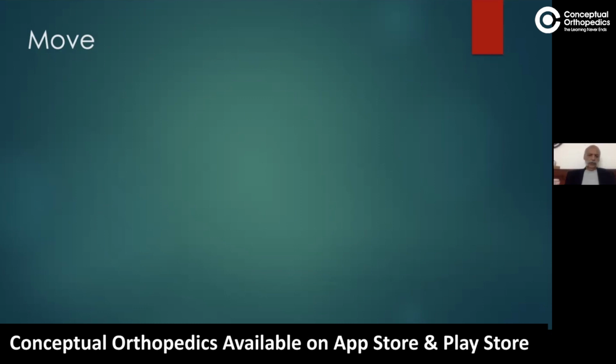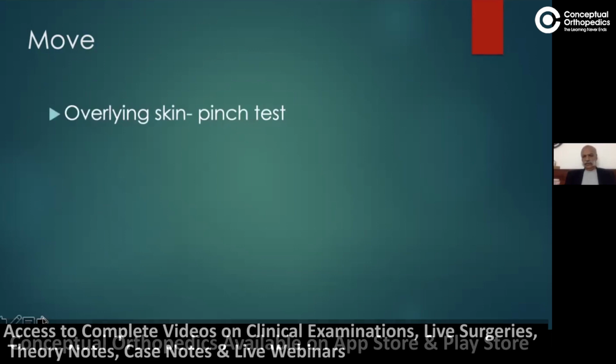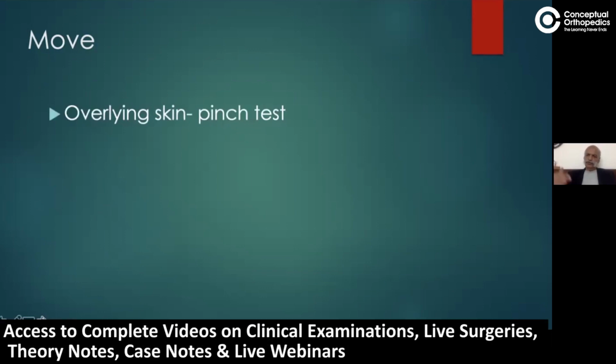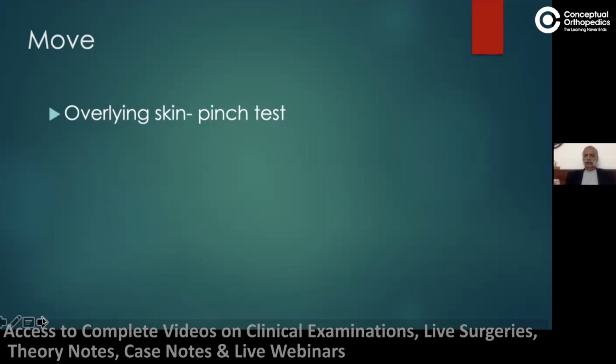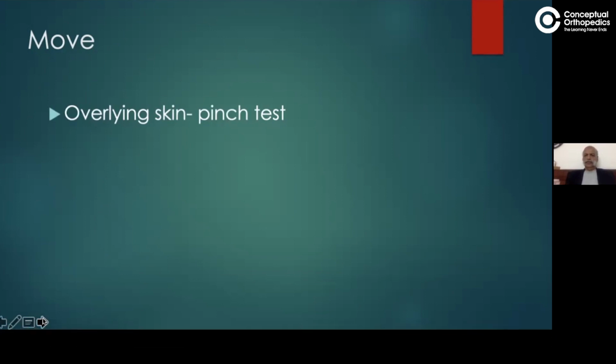So let us try to see. So the overlying skin, you start with from superficial to deep. I think if you follow the sequence, you will not miss out on anything. So first look for whether the skin can be pinched over the swelling or not. Next, the swelling itself, whether it is mobile or fixed to the deeper structures. The slipping sign.